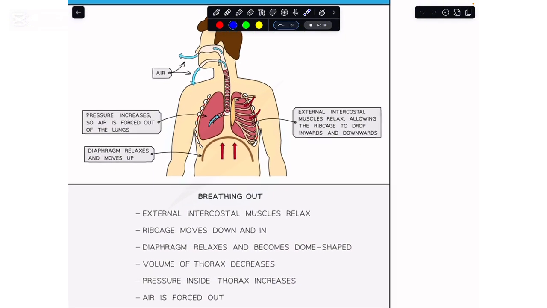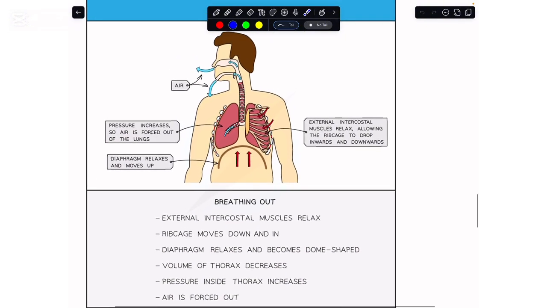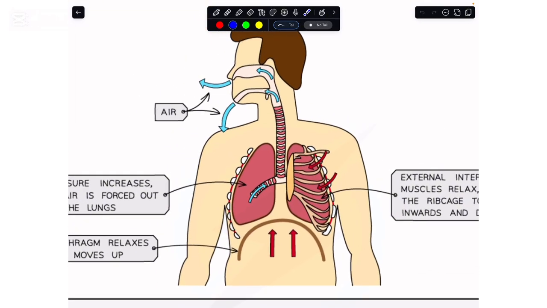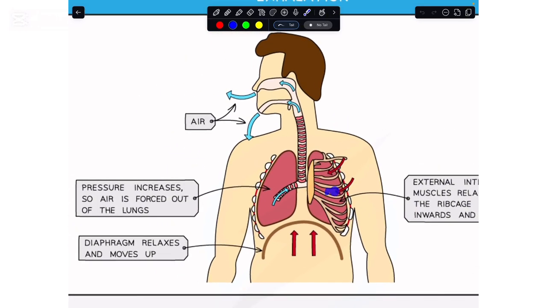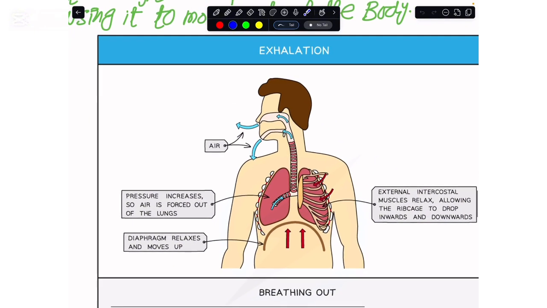So now we would speak of the opposite. When we exhale the air out, the external intercostal muscles that I have on the outside of the ribs now relax, and the internal intercostal muscles contract. As a result, the rib cage moves downwards and inwards. At the same time, the diaphragm that was contracting in the inhalation process now relaxes and becomes dome shaped again.